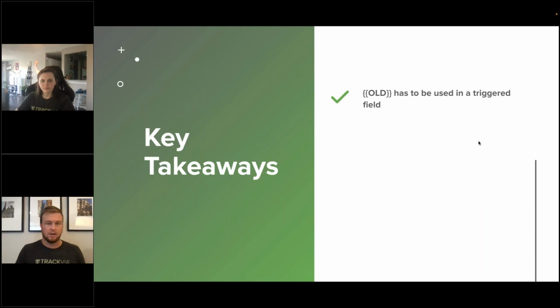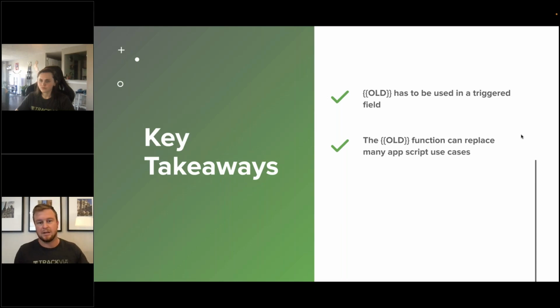Okay, so number one, it has to be in a triggered field everywhere that we showed this. It has to be used there. Like I said, if you're not comfortable with app scripts, or this table's too important and it can't ever break, I don't want to change a field name, I didn't use constants, this can be done fairly easily and fairly repeatably, and it's highly functional.